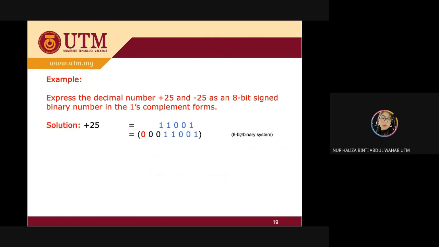So let's take a look in a proper way. This one is positive. You can see this is your sign, this is your magnitude. But this is also first complement. Why? Because first complement for positive numbers is also similar to sign magnitude.